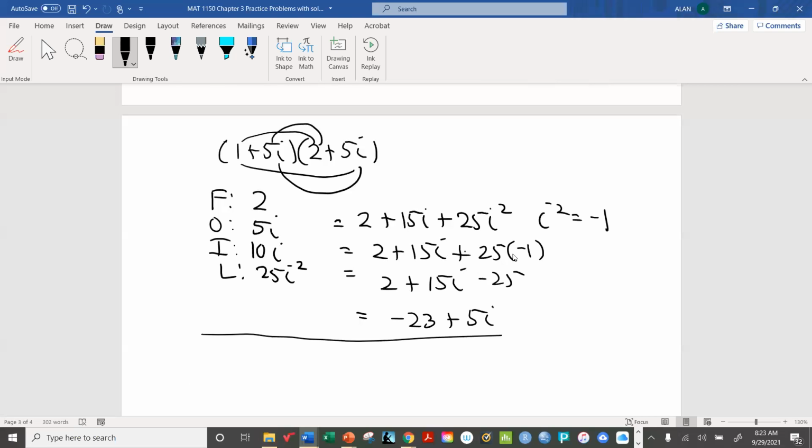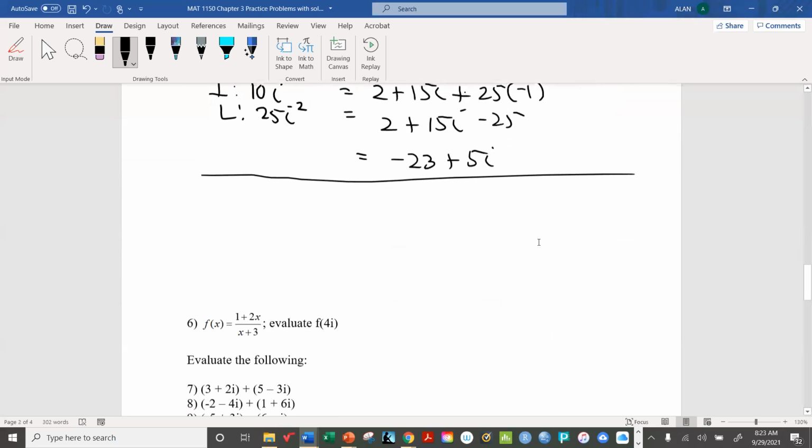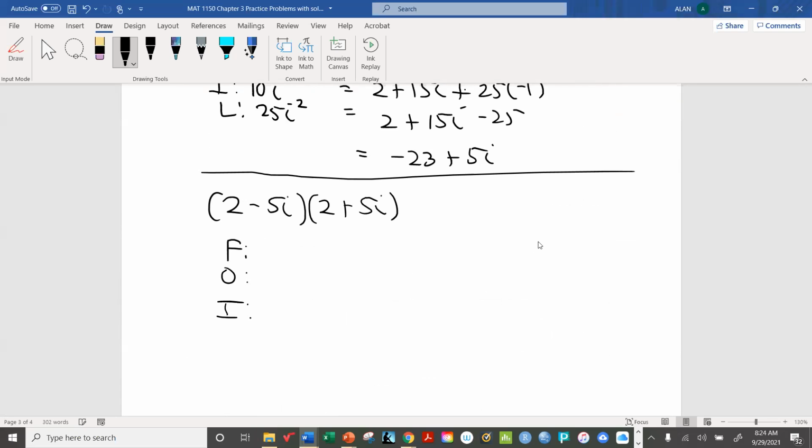Now, what about the denominator? We have (2 minus 5i) times (2 plus 5i). So we have F, O. I is -10i.